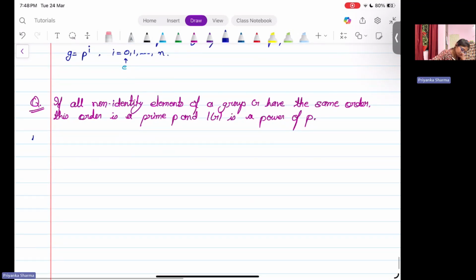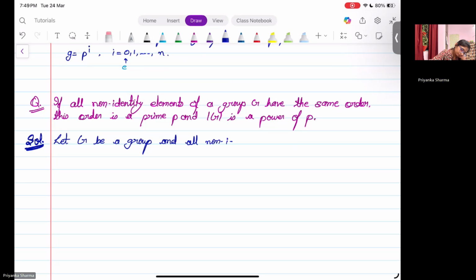Now consider this question. Let G be a group and all non-identity elements of G have the same order.